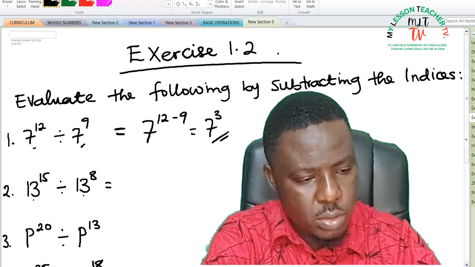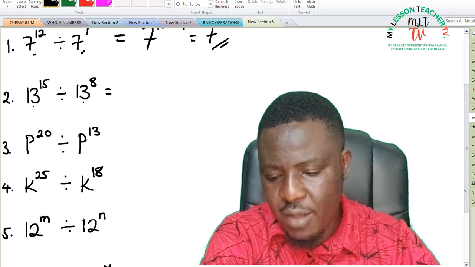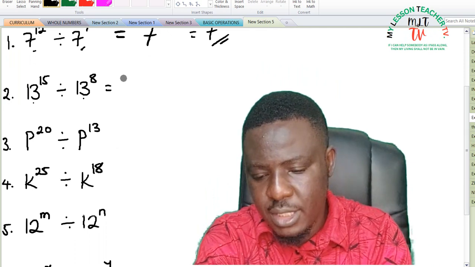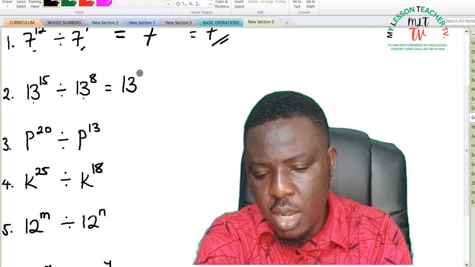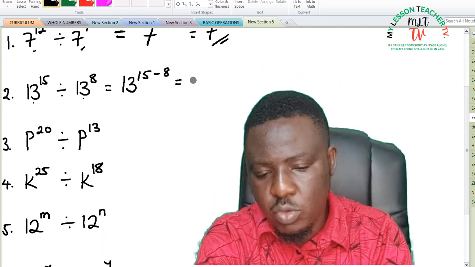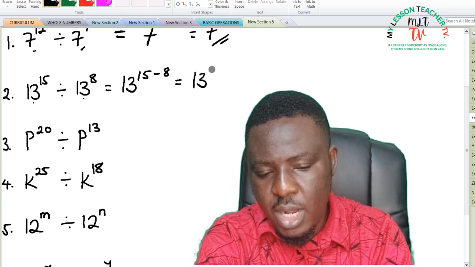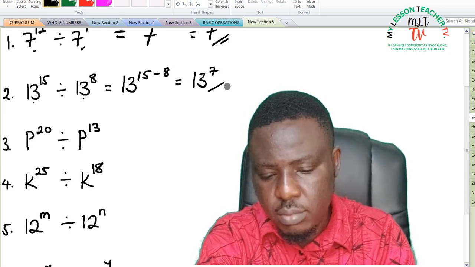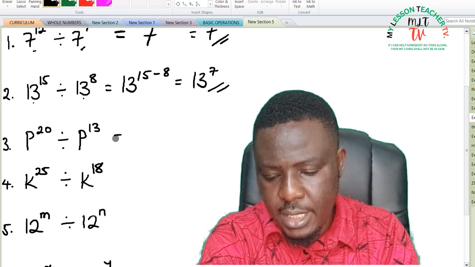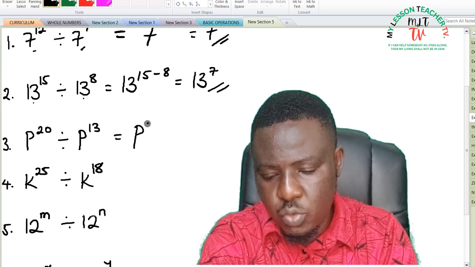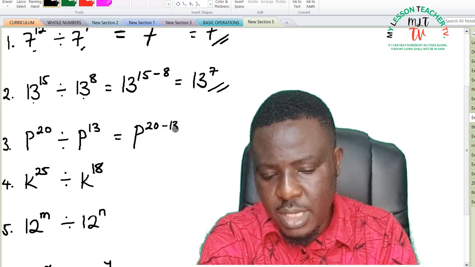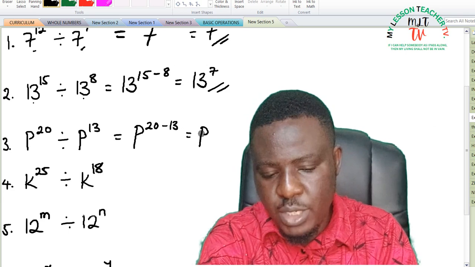B, number 2, we have this to be 13 raised to the power of 15 minus 8, which is equal to 13 to the power 7. 3, this is P to the power 20 minus 13, which is equal to P to the power 7.